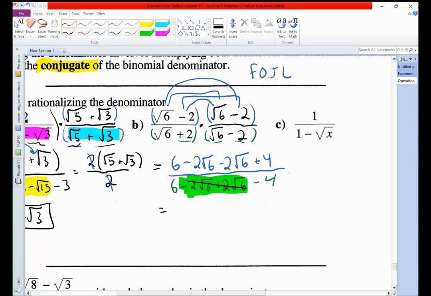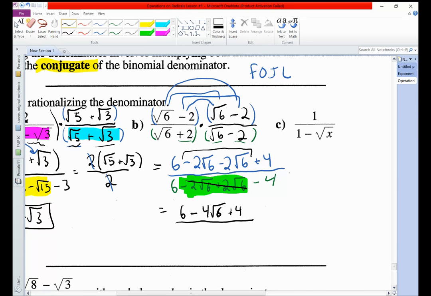So now I can rewrite this as 6, and on the top I'm going to combine these two together as well, because I have negative 2 root 6 minus 2 root 6 is negative 4 root 6, plus 4.